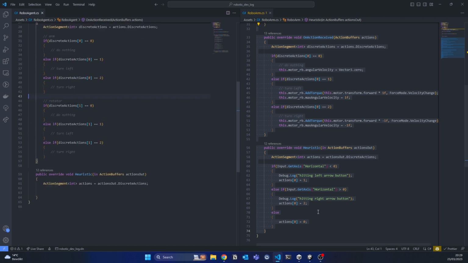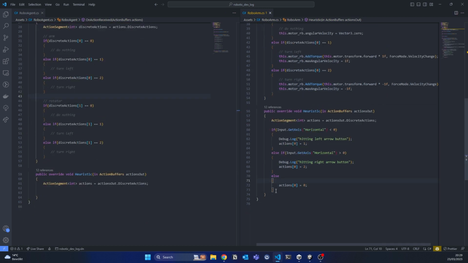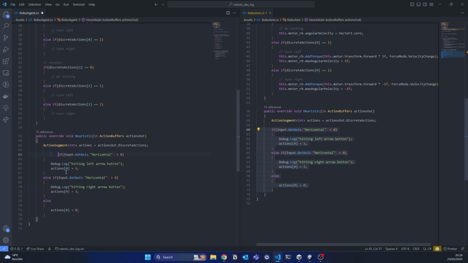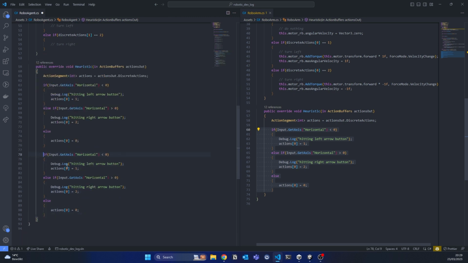Cool. So for the heuristics, I'm just going to use something similar to what I'm using here. So here I have horizontal action 0, that's okay, and then I'm going to use the vertical axis for my branch number 1.